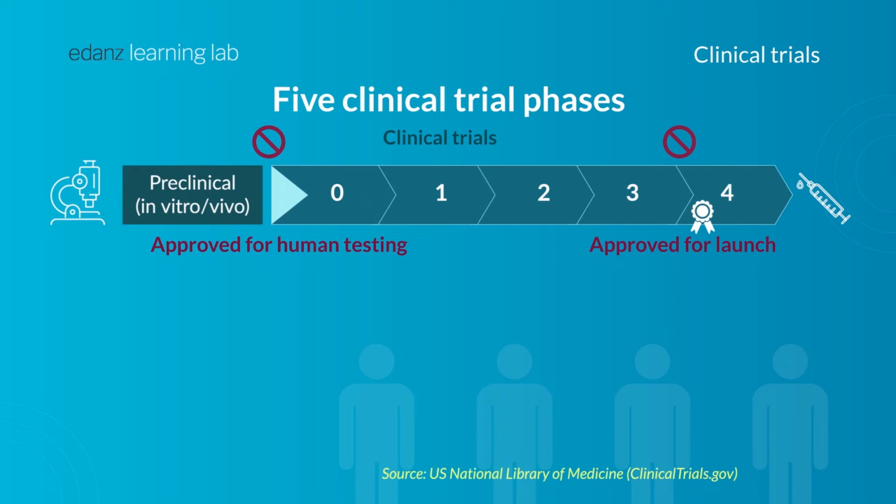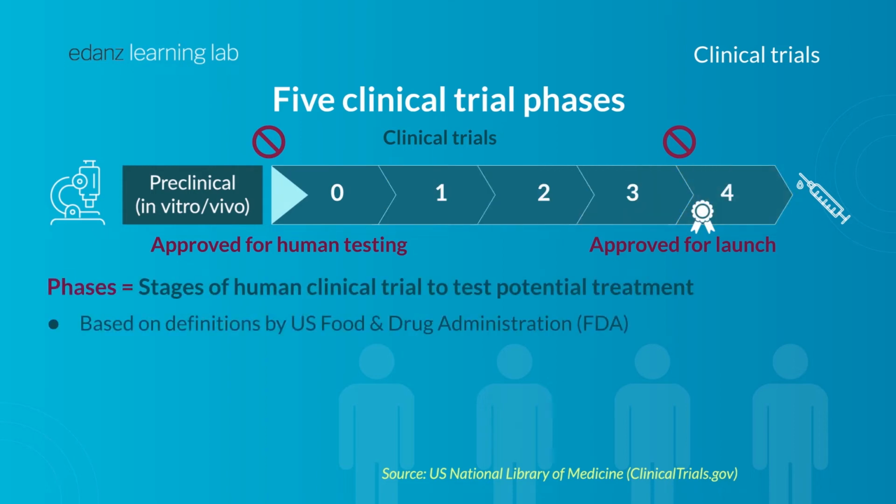The stages of the trial are phase 0, 1, 2, 3, and 4. These phases are based on definitions by the United States Food and Drug Administration, FDA, but are accepted around the world. The trial phases differ mainly by study objective, number of participants, and duration.